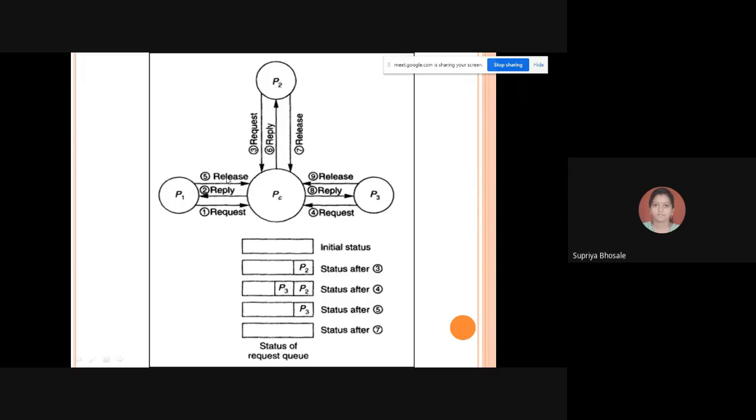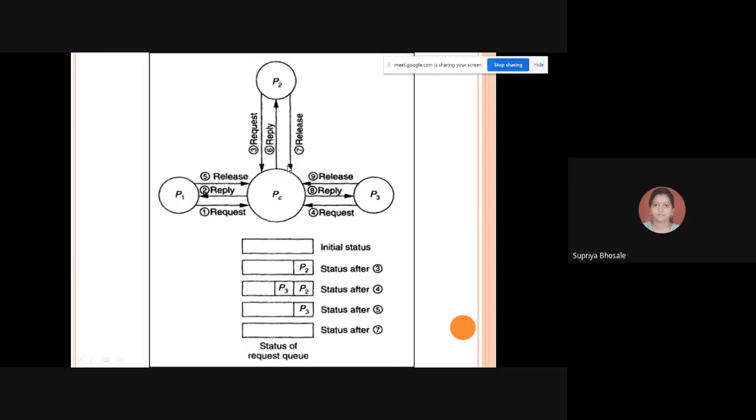So after this fifth one, now P2 will be in critical section. So ही जी रिक्वेस्ट आली होती P2 ची, तर immediately after the release message of P1, immediately the reply message will be sent from the coordinator to P2 that you can now enter into the critical section. म्हणजे आता या केस मध्ये P2 पुन्हा माझा क्रिटिकल सेक्शन मध्ये आला.